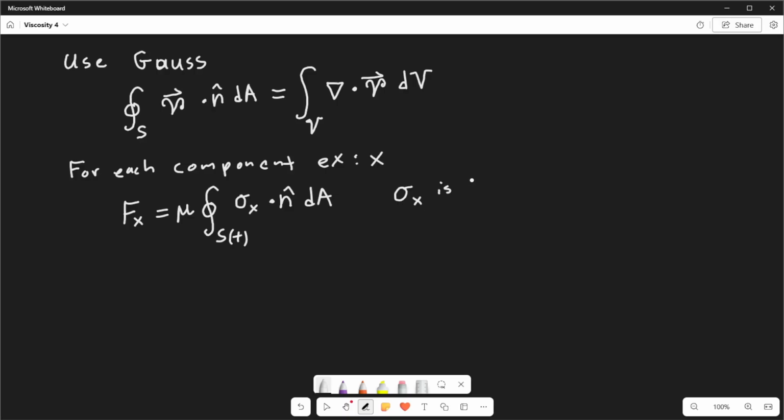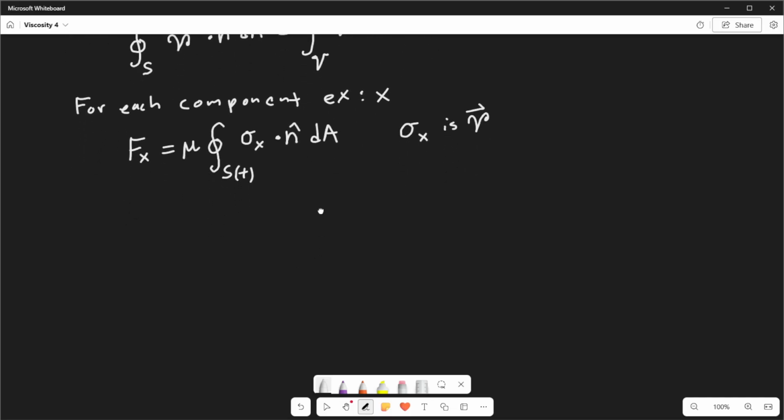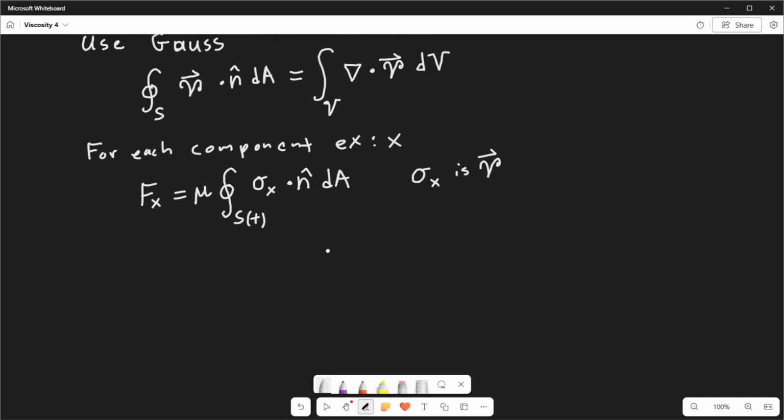So just take sigma x as v and then apply Gauss's law.